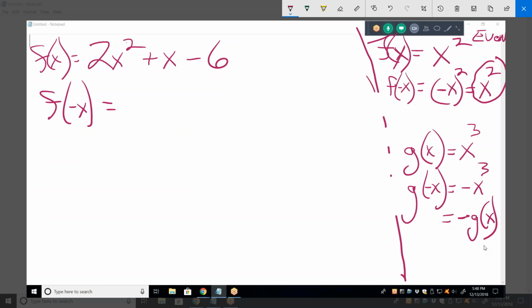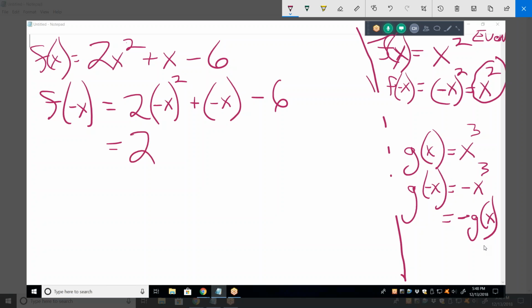So 2 minus x? 2 is all by itself. Now we're going to substitute minus x there. Oh, I see. Plus a minus x minus 6. Well, what does this give us? 2x squared minus x minus 6.